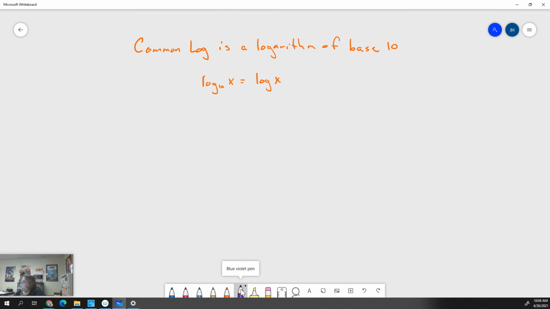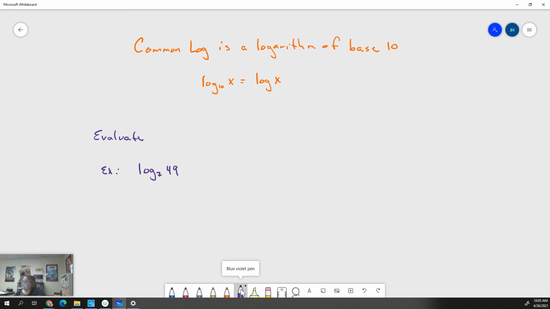So if I'm instructed to evaluate and I have a problem like log base 7 of 49, what I have to do is put it into exponential form and then figure out what my exponent is.